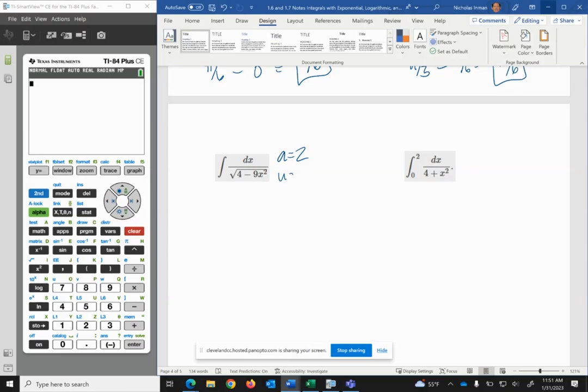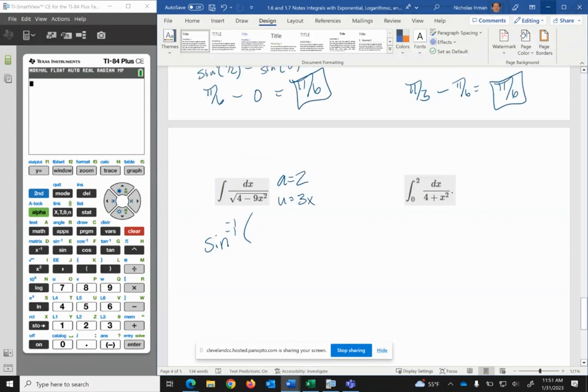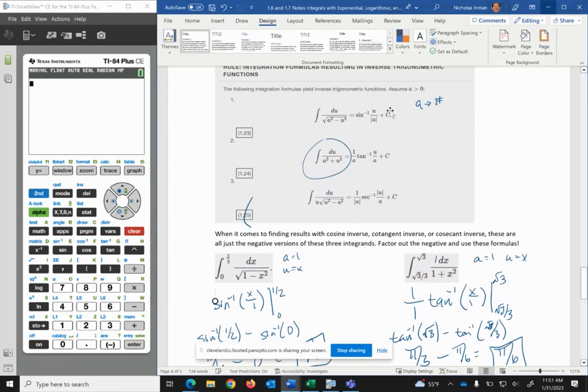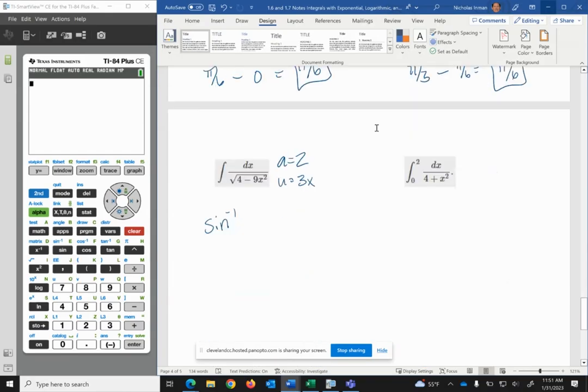Well, 3x. So when we do our sine inverse of u over the absolute value of a, 3x over the absolute value of 2 is 2. We'll put our plus c, and that is our integral.